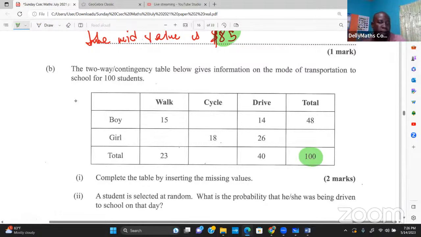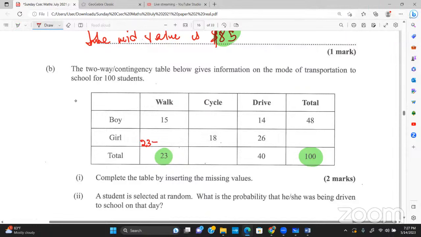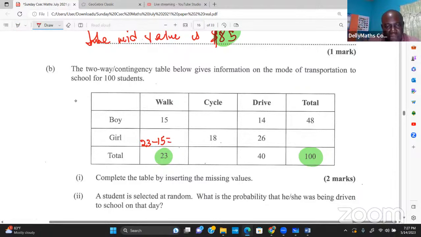Now let us fill in. They want us to complete the table by inserting the missing values. Now you have to think. Look at that, 23. So vertically, 23 minus 15 gives you what? 8. So 8 is for that spot.